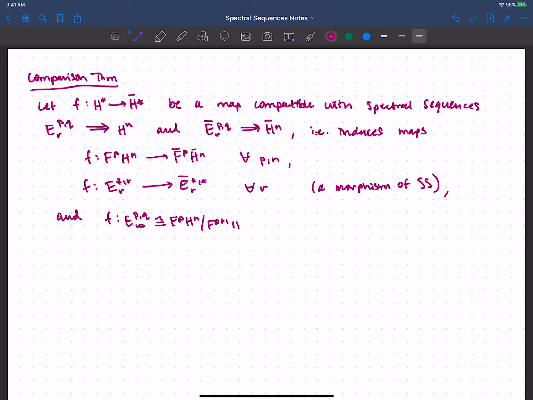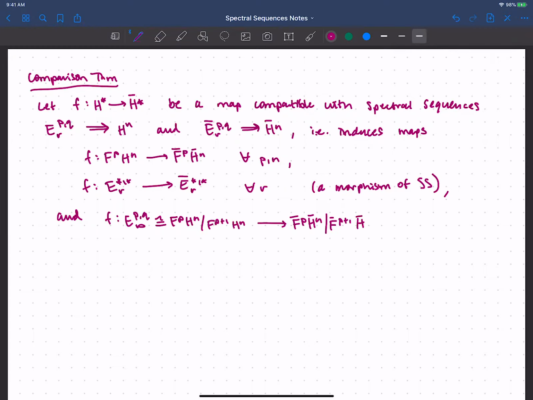I'm following my usual convention that n here is p plus q. Okay, but then I should have this map induced on the filtration quotients. So it should go over to F bar^p H bar^n mod the previous filtration.